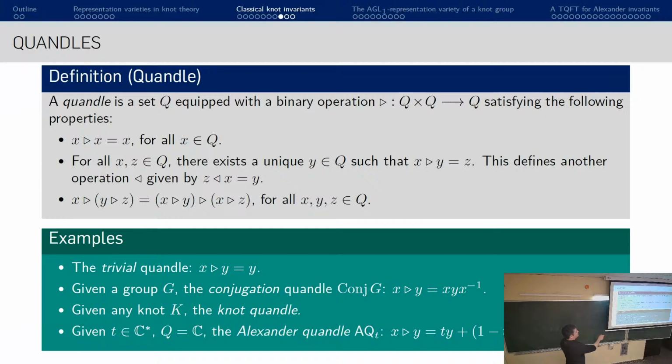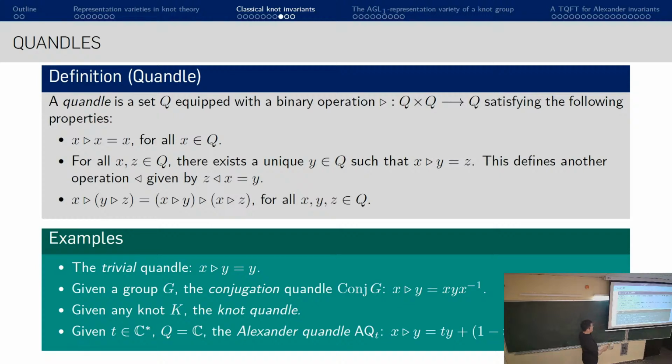And then those properties make much more sense, because conjugating x by x, you get x again. Conjugating y by x and getting another element, you can invert the whole thing conjugating by x inverse. And then if you conjugate z by y and then conjugate by x, plugging in x times x inverse where it's needed, you get that distributivity property. So the best way to remember that is that they are summarizing the properties of conjugation.